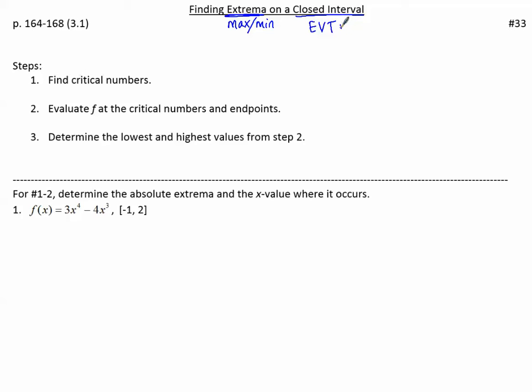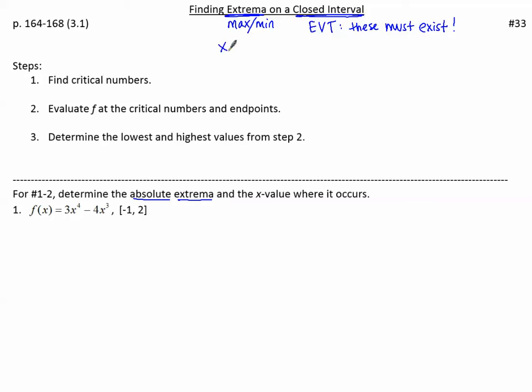The extreme value theorem tells us that a continuous function on a closed interval must have maxes and mins. So these maxes and mins must exist according to the extreme value theorem. We cannot have a function that's continuous on a closed interval and not have absolute extreme values.